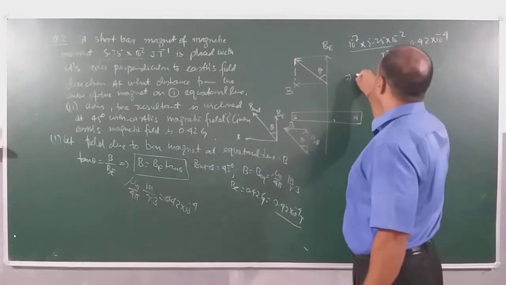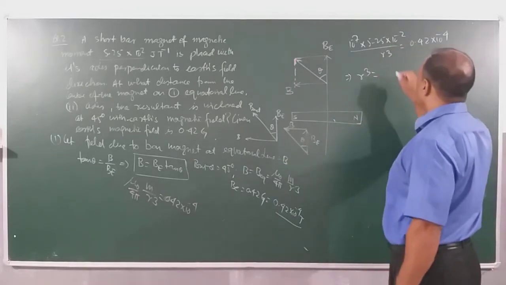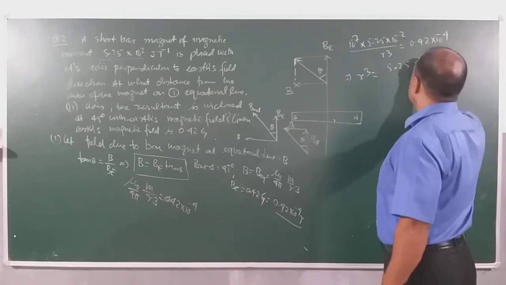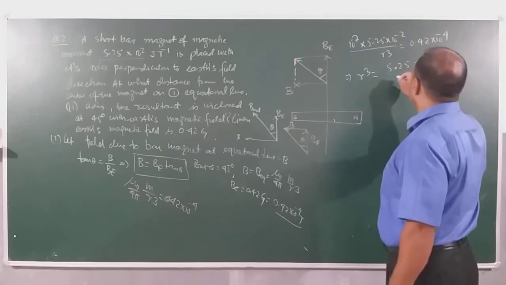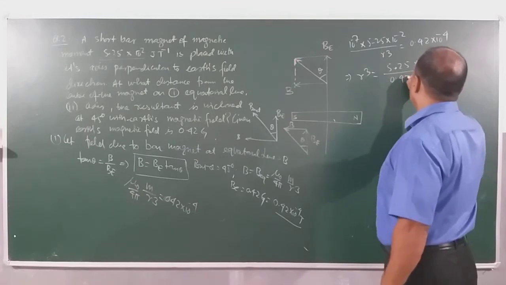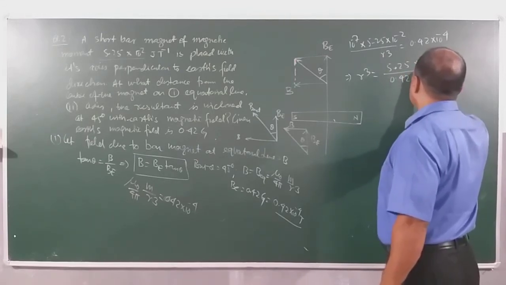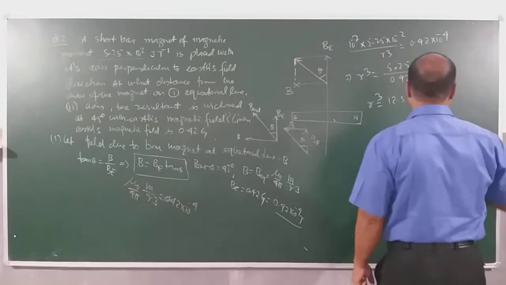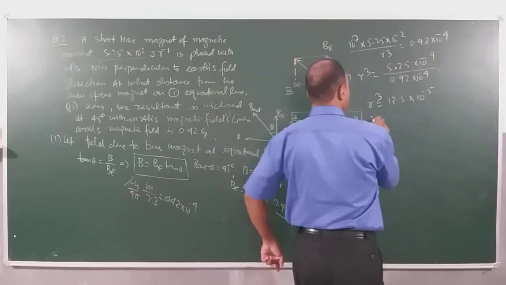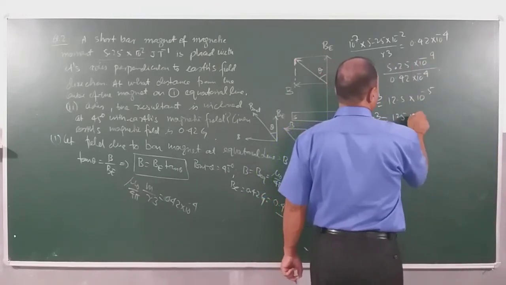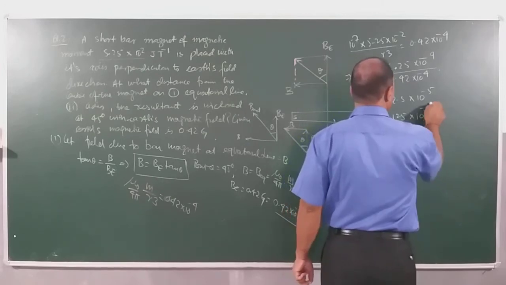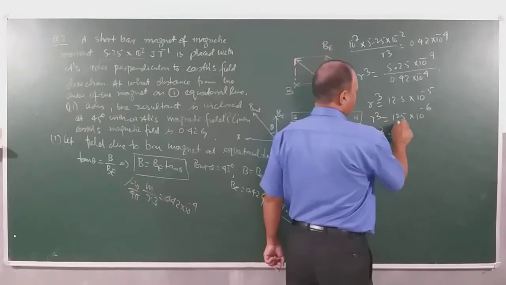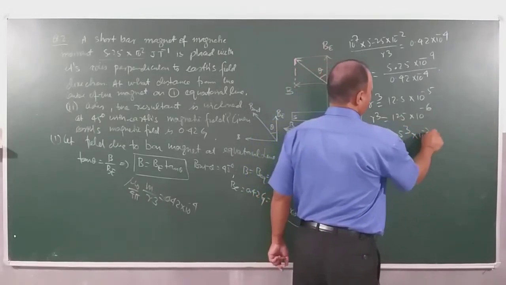So from here R cube becomes, children, 5.25 into 10 to the minus 9 divided by 0.42 into 10 to the minus 4. That is 12.5 into 10 to the minus 5. So you can write R cube is equal to 125 into 10 to the minus 6, right? And then you know this is 5 cube and this is 10 to the minus 2 cube.